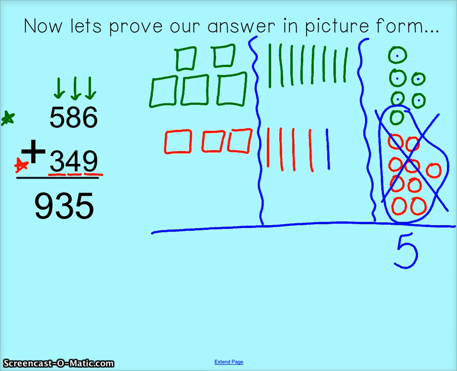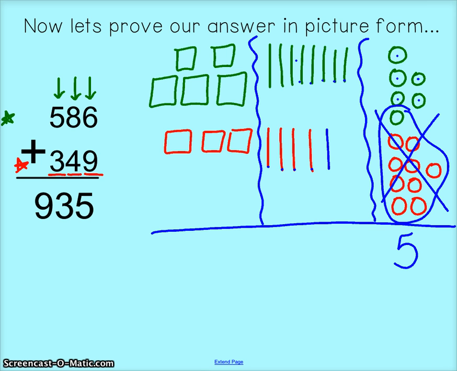Now that my ones are done, we're going to move on to the next largest place value, which is my tens. Third graders, count with me as I go. I have 1, 2, 3, 4, 5, 6, 7, 8, 9, 10 tens. Oh, Miss Anderson, I know that 10 tens is also the same as 100.